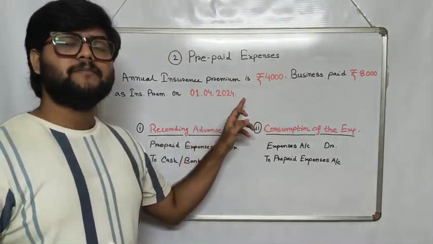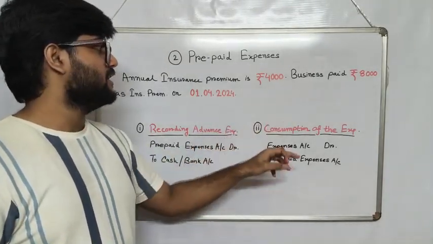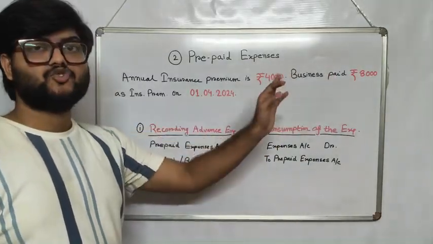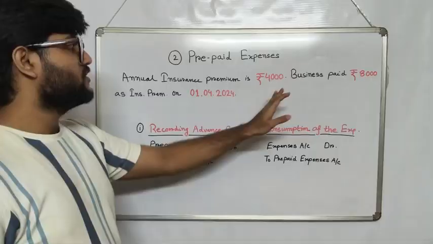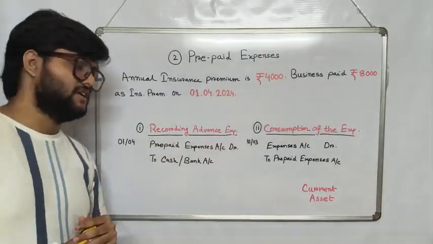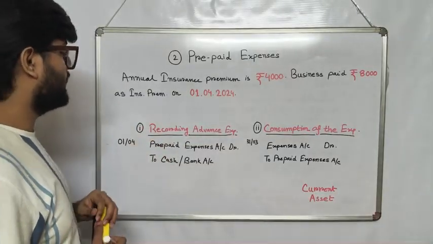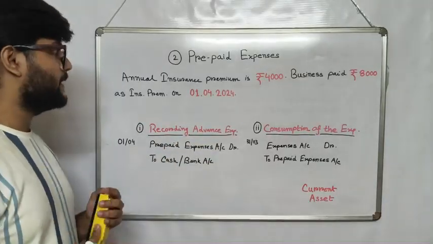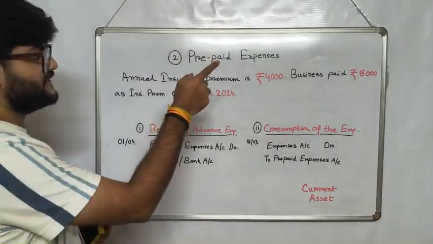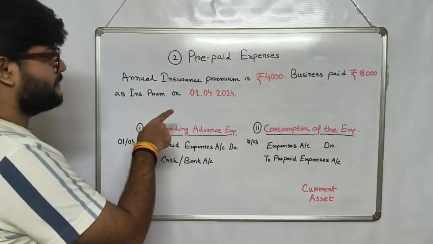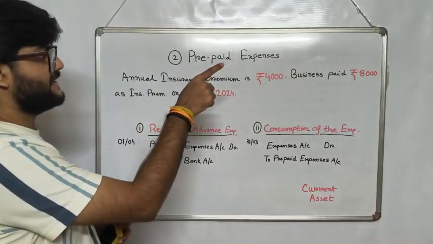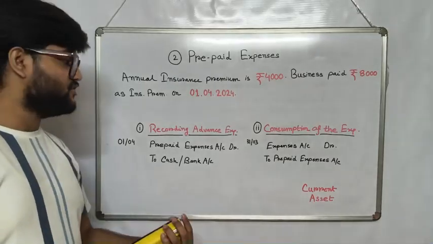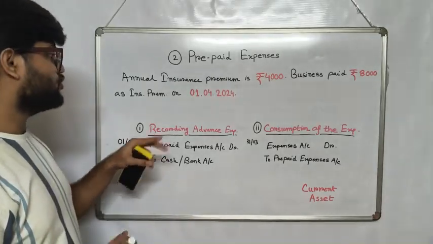The annual premium due was rupees 4,000, but the business paid rupees 8,000, that is 2x of it. Now if we see the journal entries, the first journal entry will be the recording of the advance expenditure. The expenditure is made on 1st April 2024, that is rupees 8,000. So prepaid expenses will now change to prepaid insurance premium.